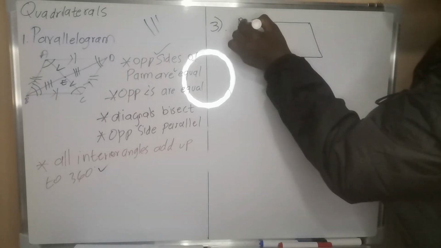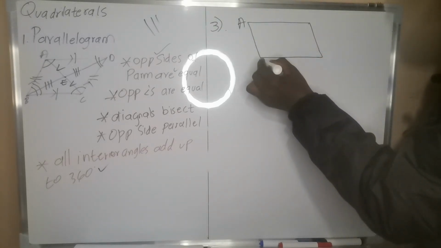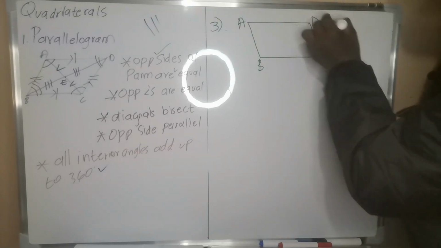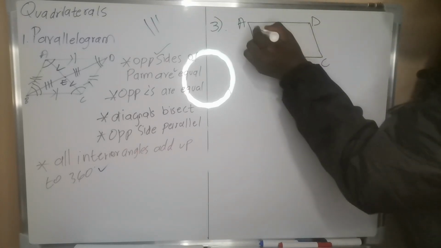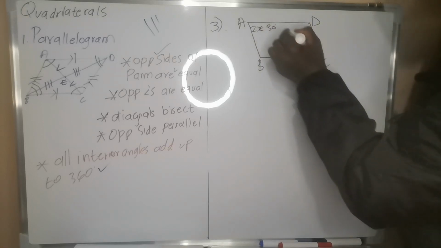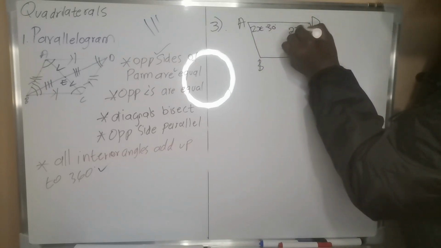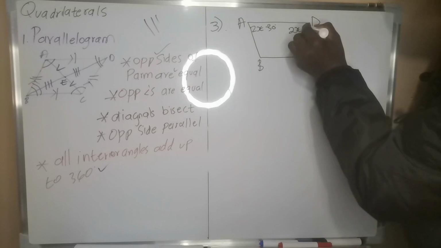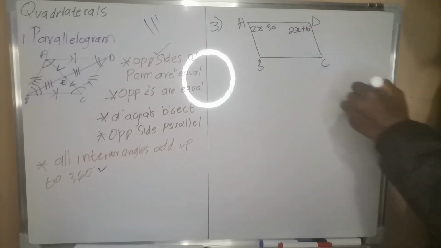So you have A, B, C, and D. And A is 2x minus 8, D is 2x plus 10.